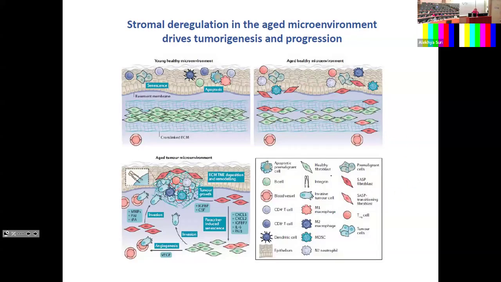They propose it is an aged-healthy microenvironment. And here you already have some growth, there are already tumor cells, right? The tumor microenvironment here is completely different. You have different cells, and proliferation of more cells. It brings more angiogenesis.